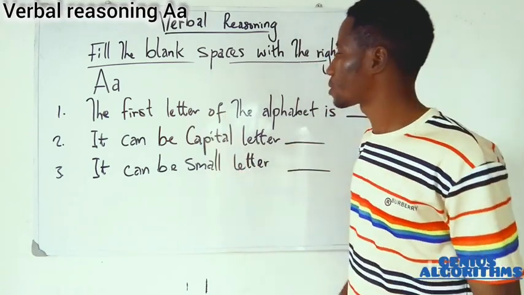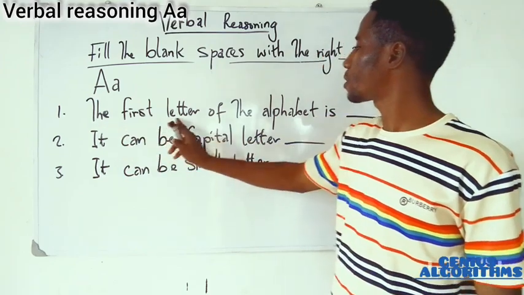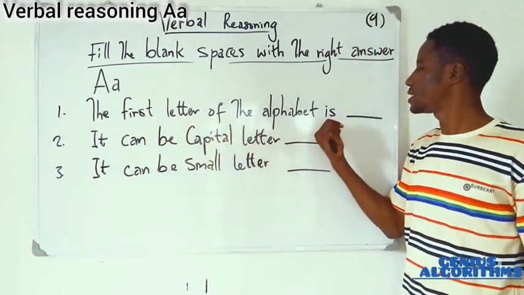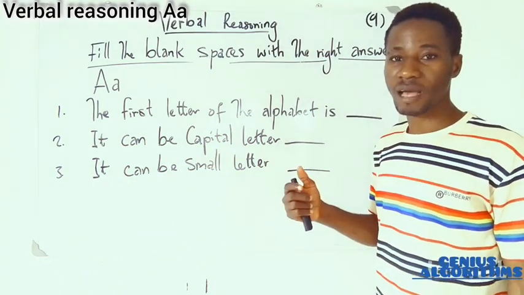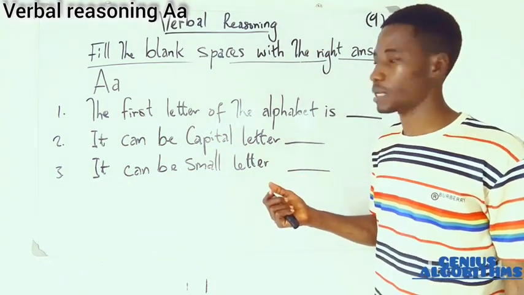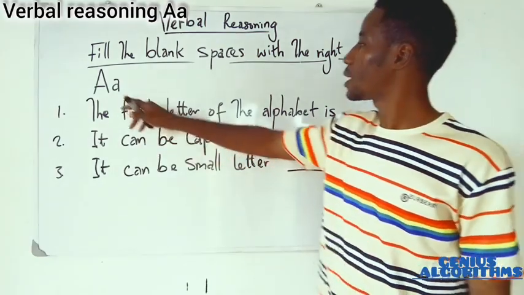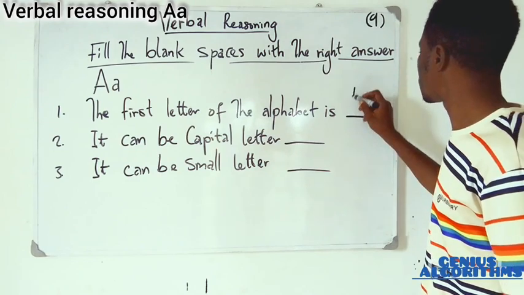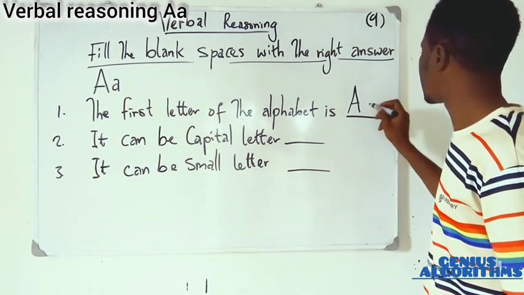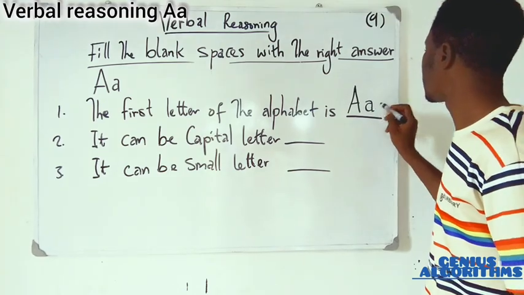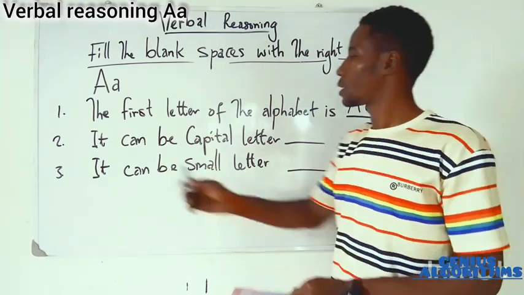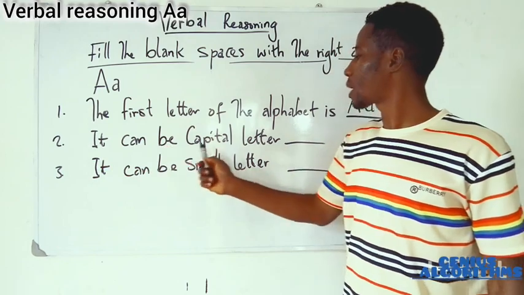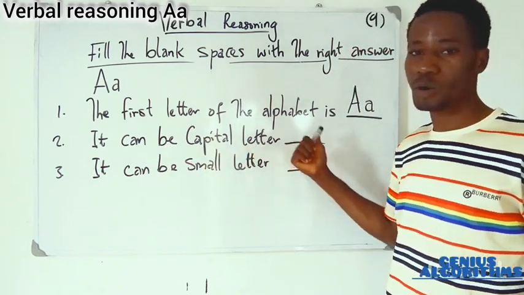Okay, there's the question. The first letter of the alphabet is, what's the first letter of the alphabet? Of course you know, right? So if we go with letter A as the first letter of the alphabet, then we shall be doing it this way: capital letter A and then little letter A. Now it can be capital letter what?